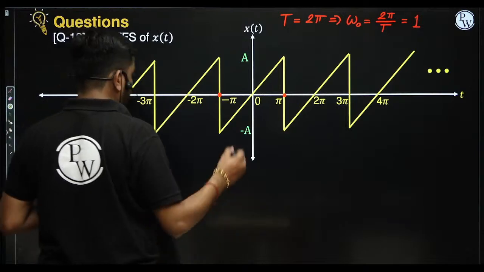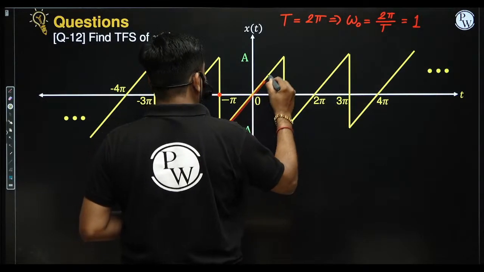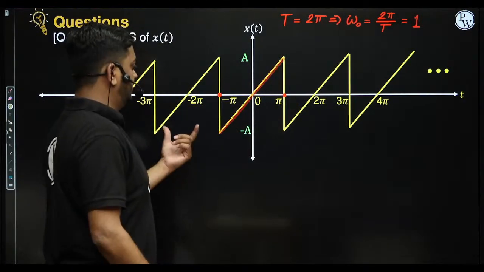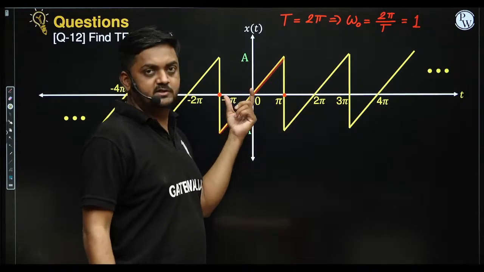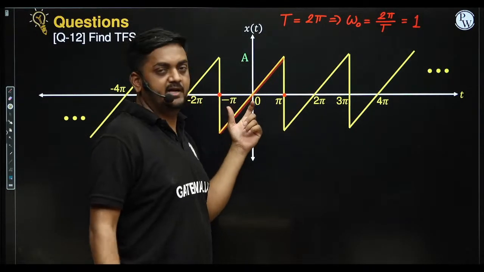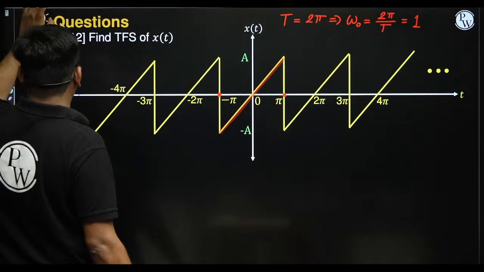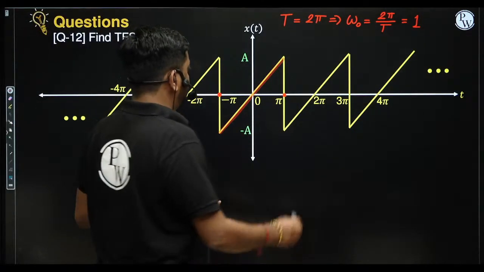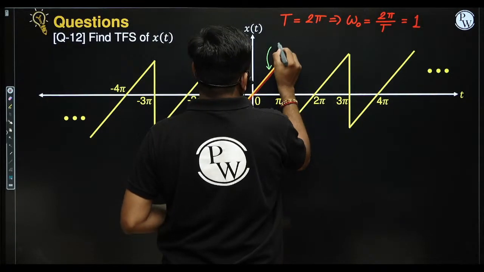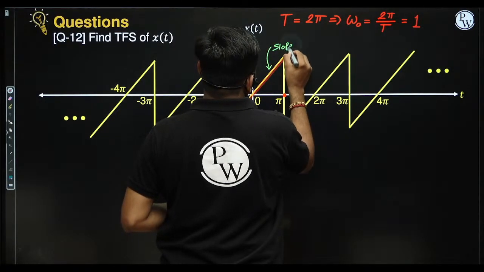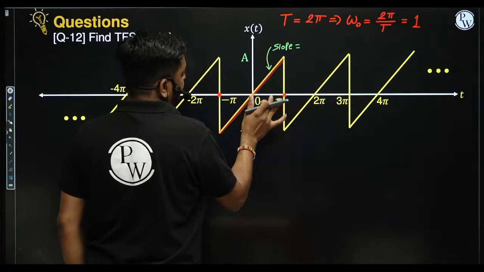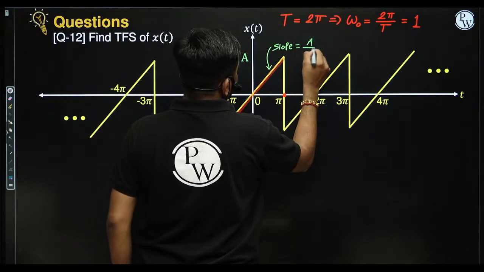Now this is the signal over a fundamental time period. So it is nothing but simply a line passing through the origin, or ramp function, between minus pi and pi. Okay, so how to represent a ramp function or straight line passing through the origin: y equal to mx. So what is the value of slope here? If I am finding the slope dy by dx, this is dy, this is dx, dy is A and dx is pi.